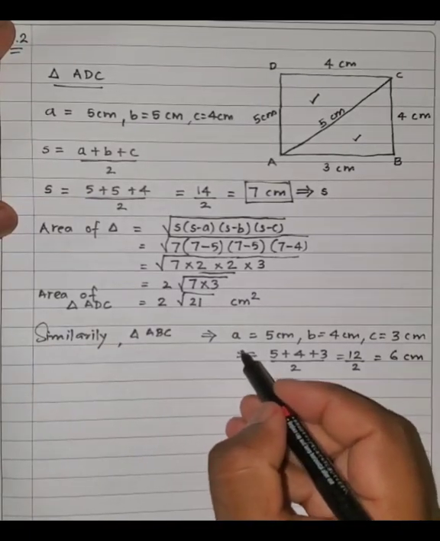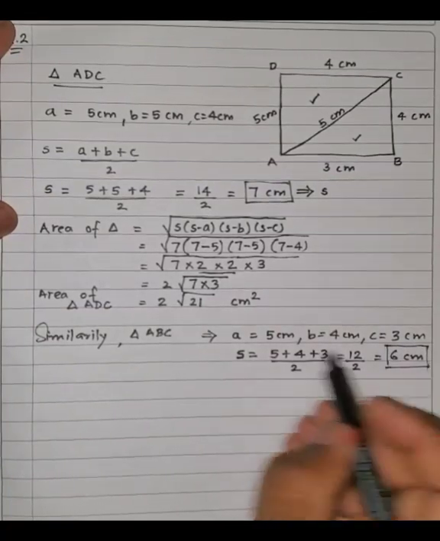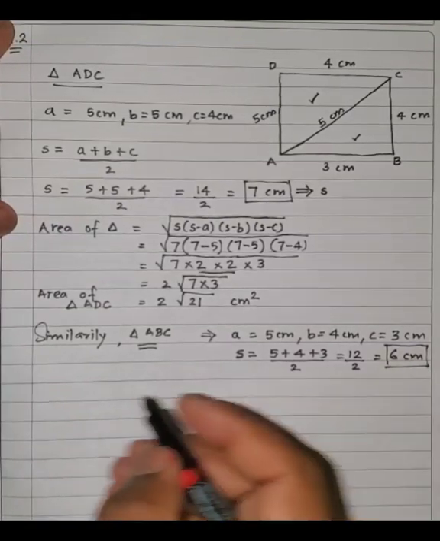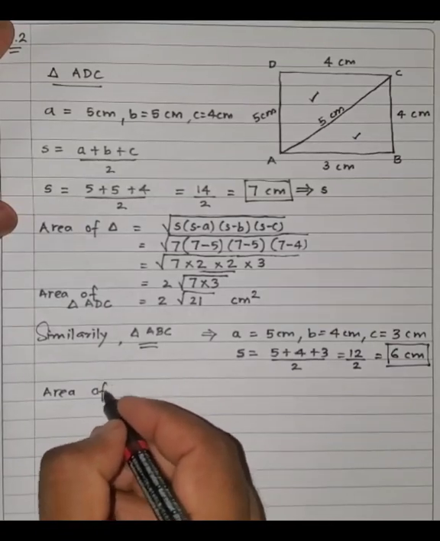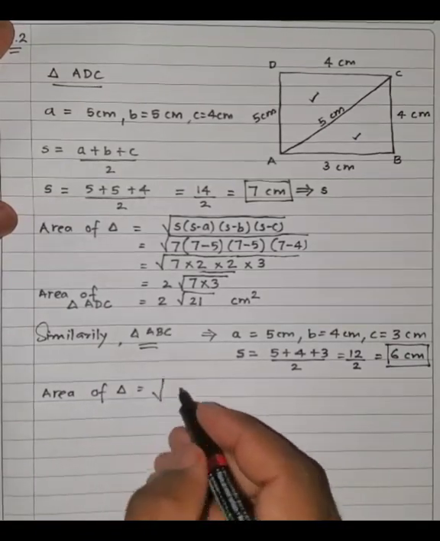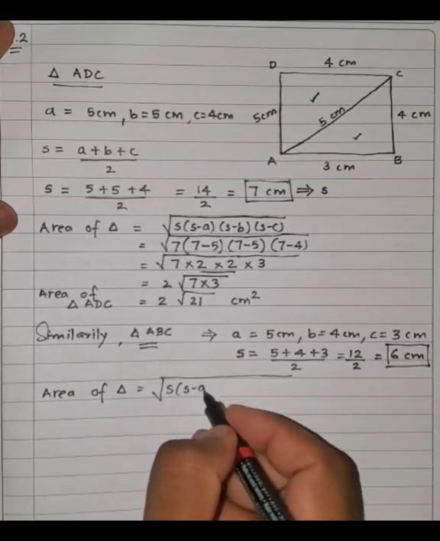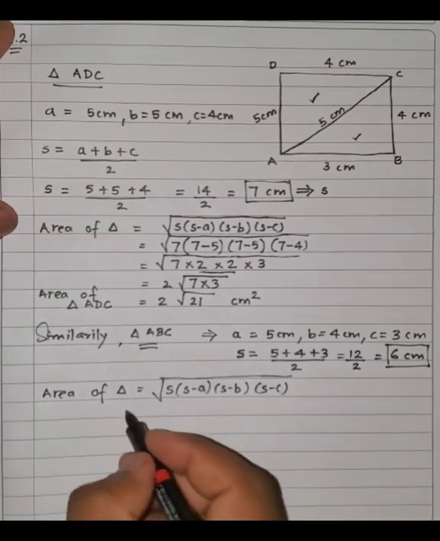So the semi-perimeter is 6 centimeter for the triangle ABC. Okay. Now let's find the area. Under root S into S minus A into S minus B into S minus C.